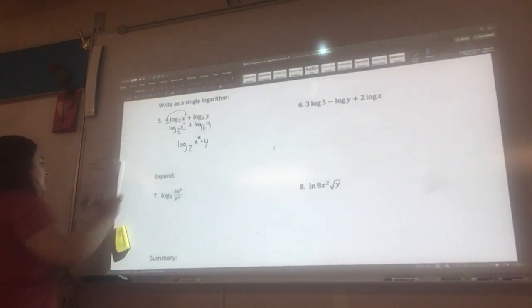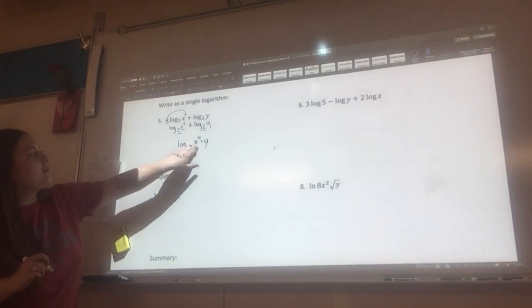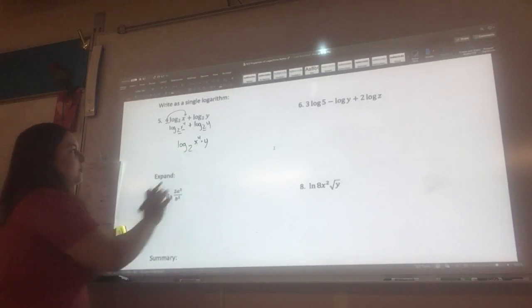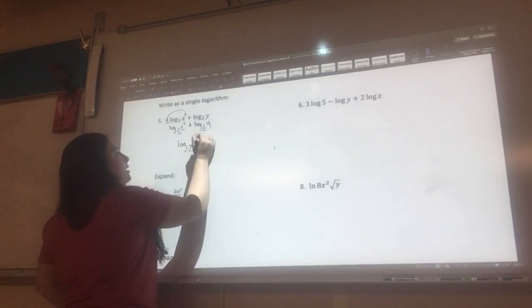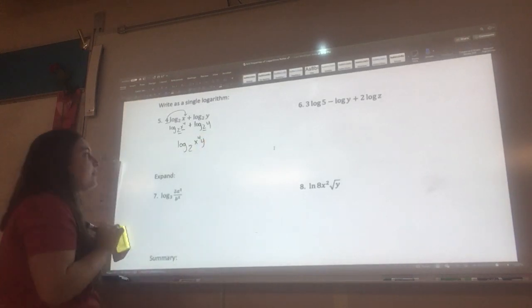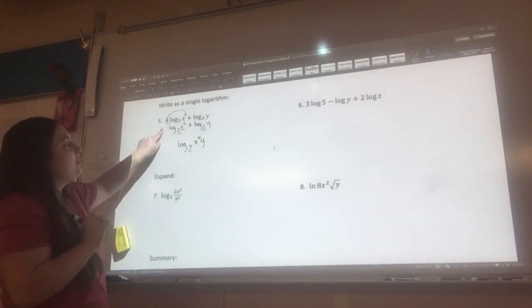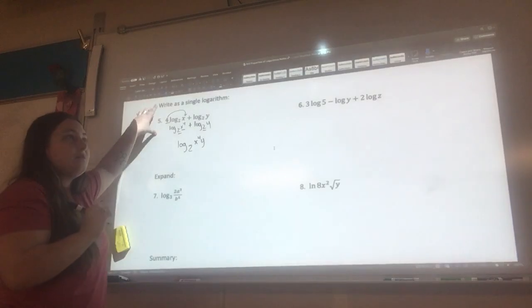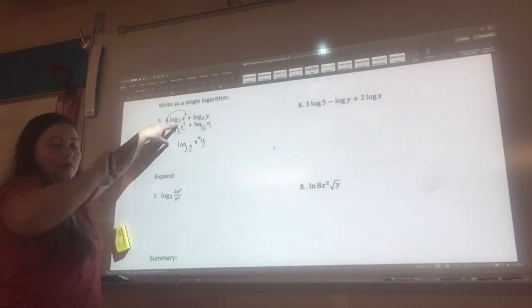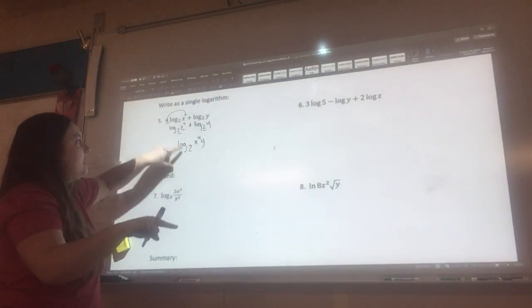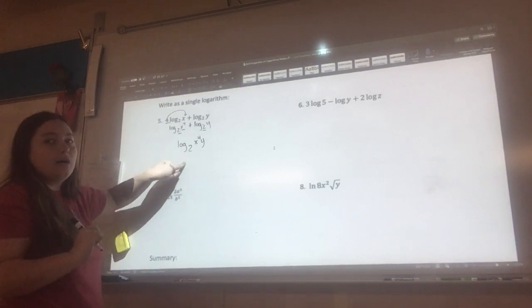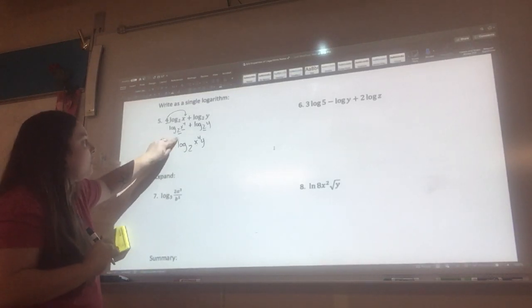So my answer here is log base 2 of x to the 4th times y. If you don't want to have that there, it is still the same thing as writing it like this. So when we write as a single logarithm, we take multiple logarithms of the same base and reverse the properties, which allows us to get to 1 log in the same base.